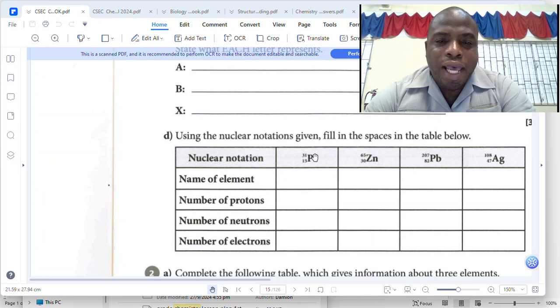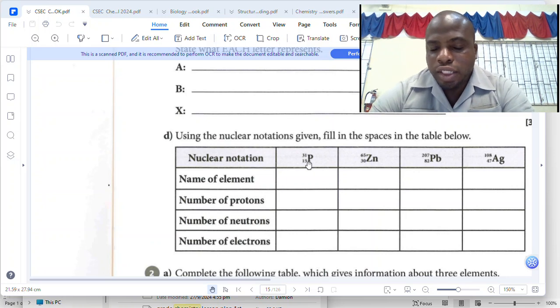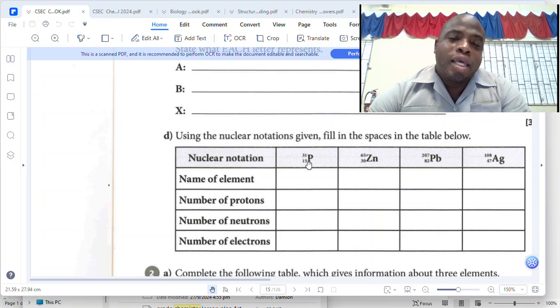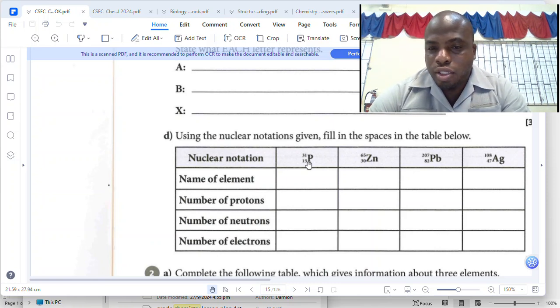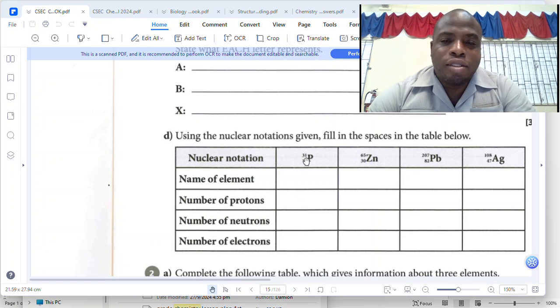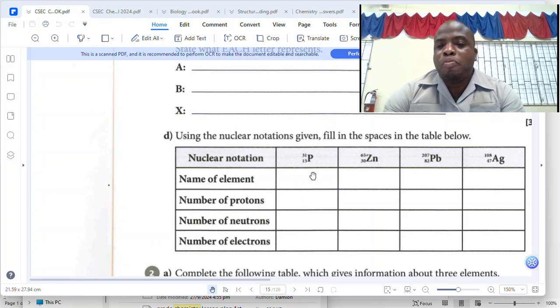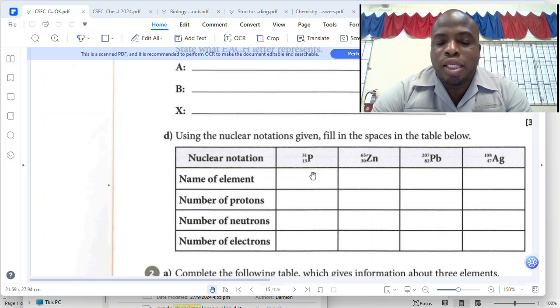Now, while we note that this representation, the nuclear notation, doesn't give any information about the neutrons, you can use something to find out how many neutrons are present, because we know the mass number is a combination of the number of protons and neutrons, while the atomic number is the number of protons.